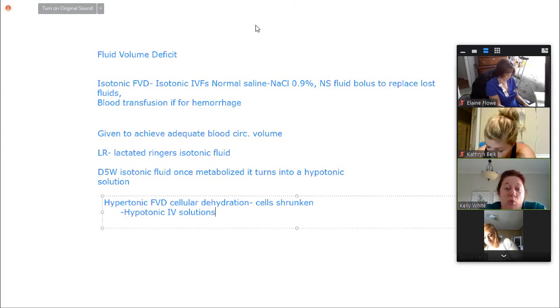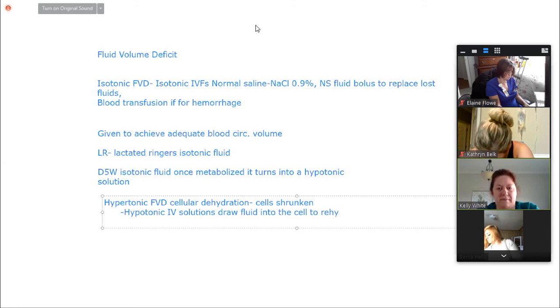What those hypotonic solutions do is draw your fluid into the cell to rehydrate it. Okay, so it's going to make those cells swell and puff up back to normal, is what we are hoping for, right?